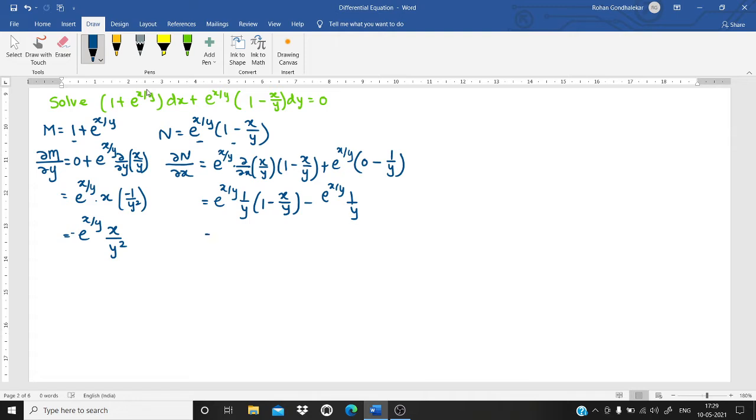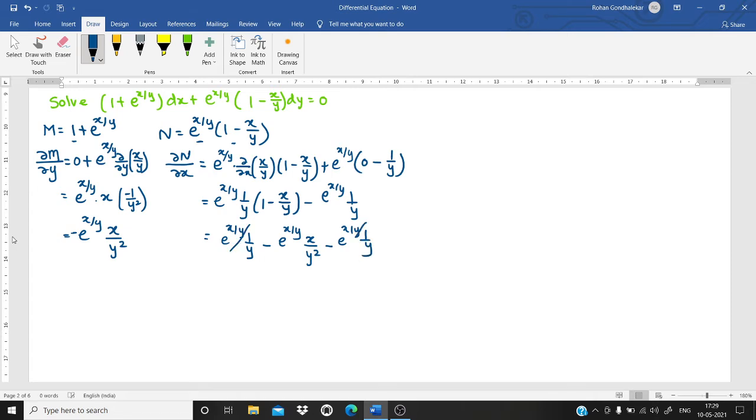So let's simplify this again. e^(x/y) into 1/y minus e^(x/y) into x, 1/y into 1/y gives y², minus e^(x/y) into 1/y.